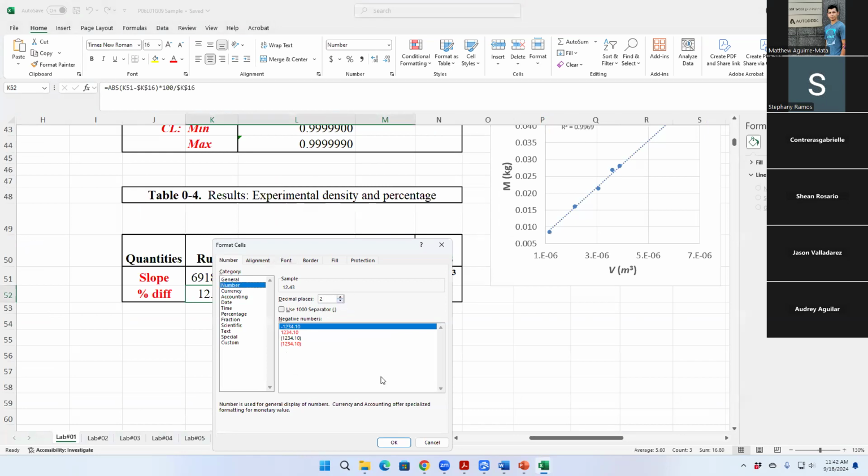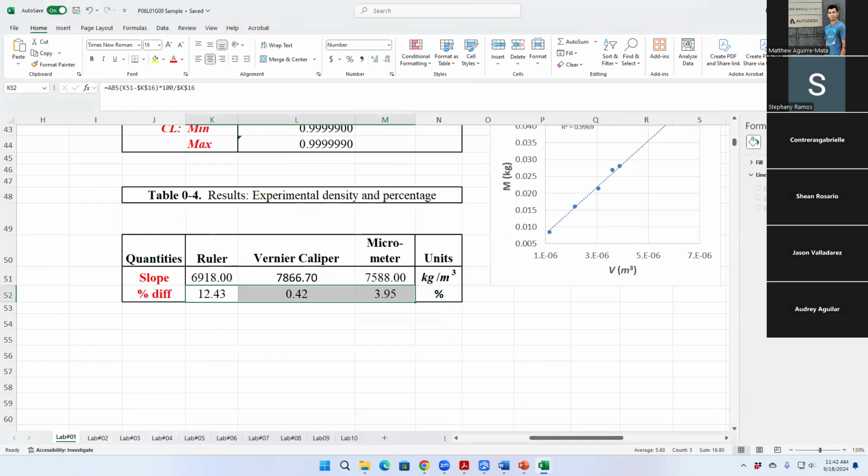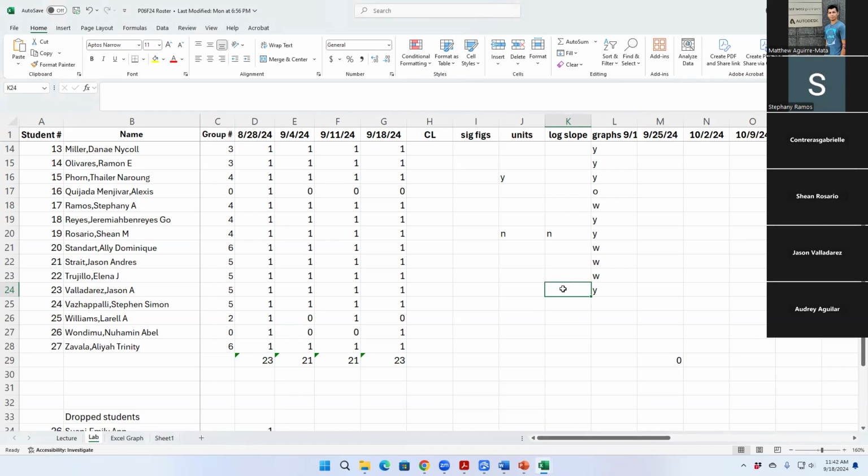Okay, I got it now. Okay, what do you get now? So for the ruler, 0.00. Oh, it's just 0.00. That's strange. Okay. And then the caliper, I have 3.01. And the micrometer, I have 4.44. So let's see. You are group number 5.